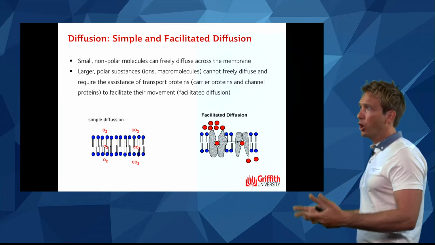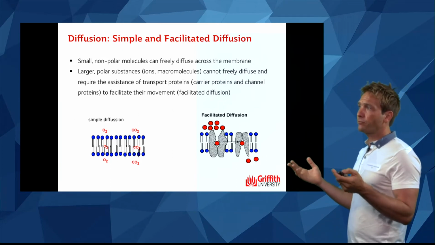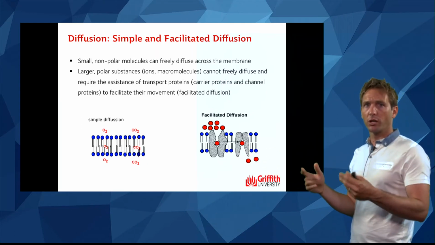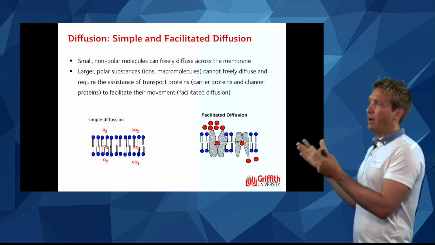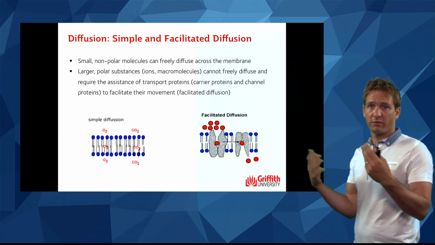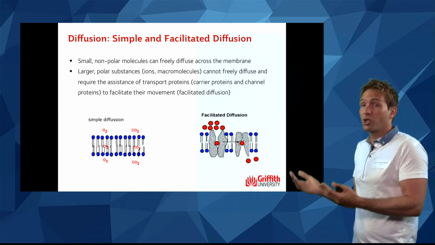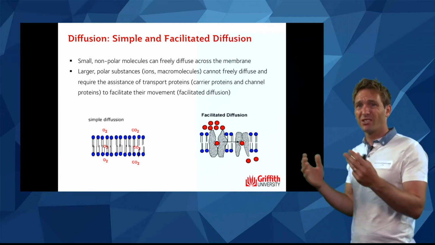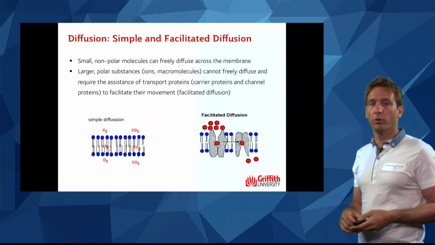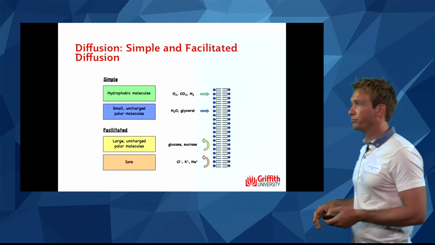So all I need you to know is that you have simple diffusion for these simple small molecules that are non-polar, and we have facilitated diffusion, just facilitated by the structure of the protein. So facilitated means helped. Well, it's just the structure of the protein that facilitates them. It's not active, it doesn't cost energy for your cell, it just naturally moves through that structure.